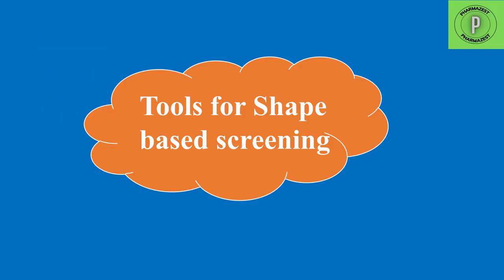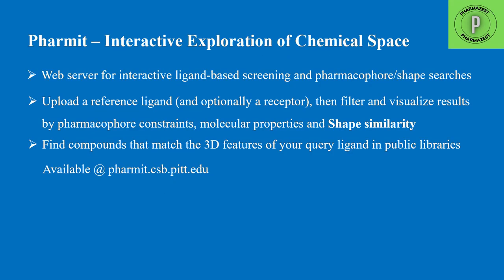Now let us see the different tools for shape-based screening. We have a number of freely available online web servers and websites, and also locally installed software. Let us see those. First we have Pharmit. Pharmit is an interactive exploration of chemical space.